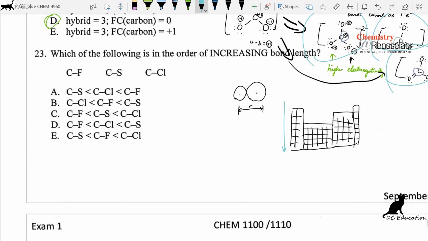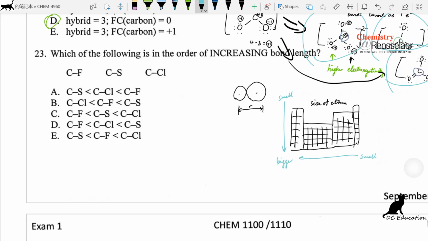So this is bigger, and this is smaller. Size of atom is usually bigger on this corner and smaller on this side.